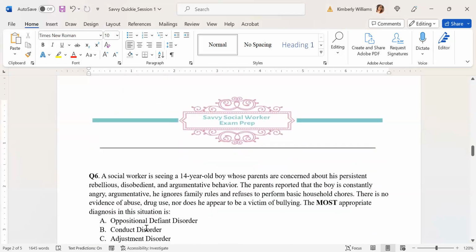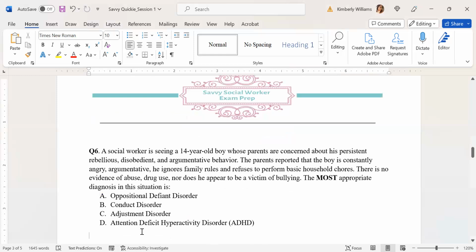All right, so a social worker is seeing a 14-year-old boy whose parents are concerned about his persistent, rebellious, disobedient, and argumentative behavior. The parents reported that the boy is constantly angry, argumentative, he ignores family rules, and refuses to perform basic household chores. There is no evidence of abuse, drug use, nor does he appear to be a victim of bullying.